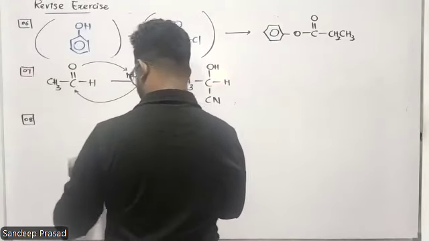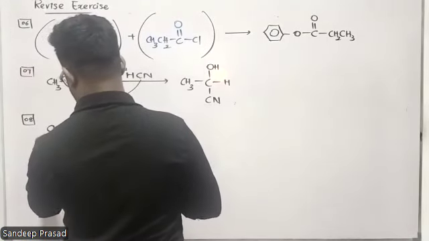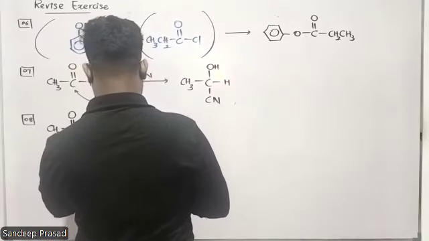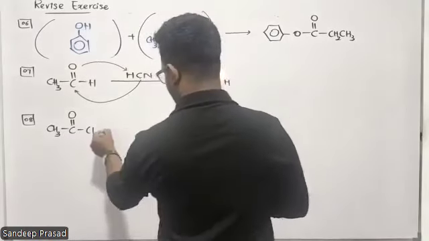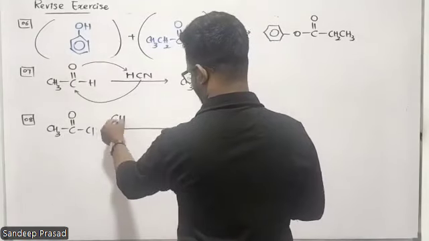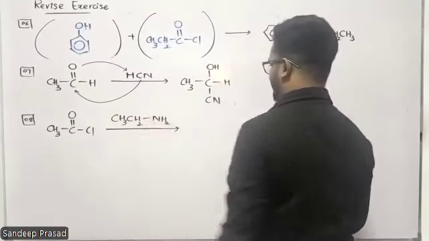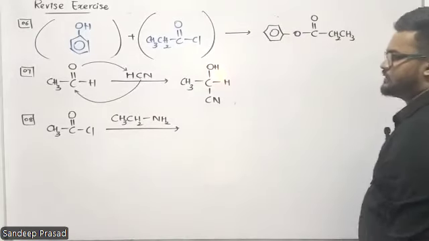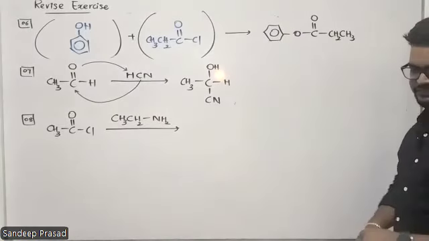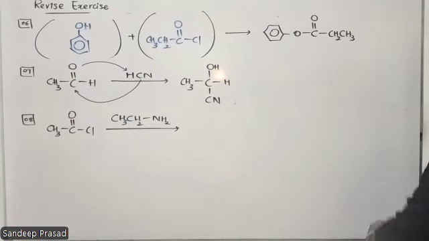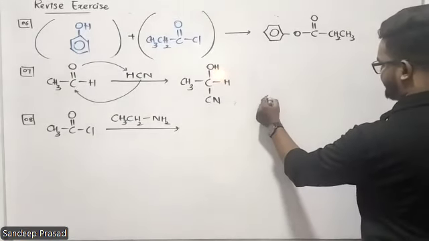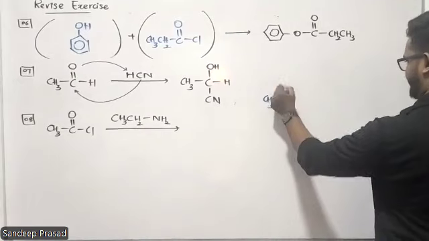Number 8. We have an acid halide. For this one, we are adding CH3, CH2, NH2. Okay. So how will this reaction take place here? Remember, students, acid halides react with amines. CH3, C double bond O Cl.